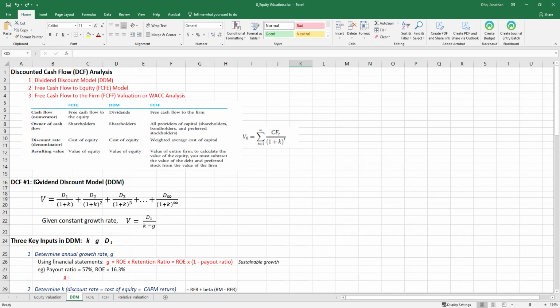So the first one is this dividend discount model. So as I said, the intrinsic value, theoretical value of that equity is the sum of all discounted value of future expected dividend. So I said future expected dividend. That means D1 is expected dividend at the end of this year, D2 expected dividend at the end of next year, and so on and so forth.